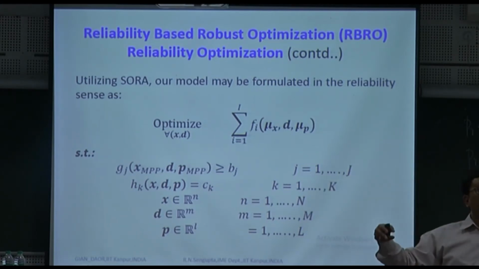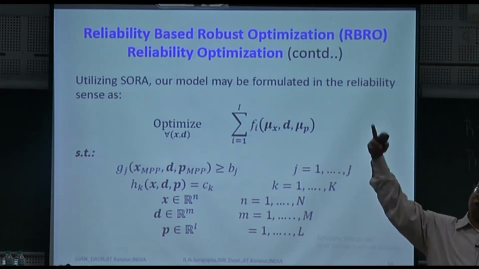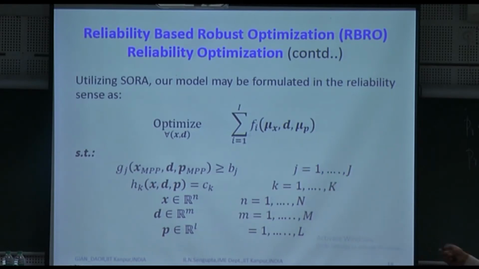Once you stop, the initial values based on which you are going to start your optimization problem are the corresponding X, based on the fact you have already reached optimality in the non-deterministic space. Those are denoted as X suffix MPP, because there would be a U MPP in that other space, plus P MPP is also a corresponding value for P in the U space, and then you continue. Only one thing, I think I should have written X MPP in this constraint also.